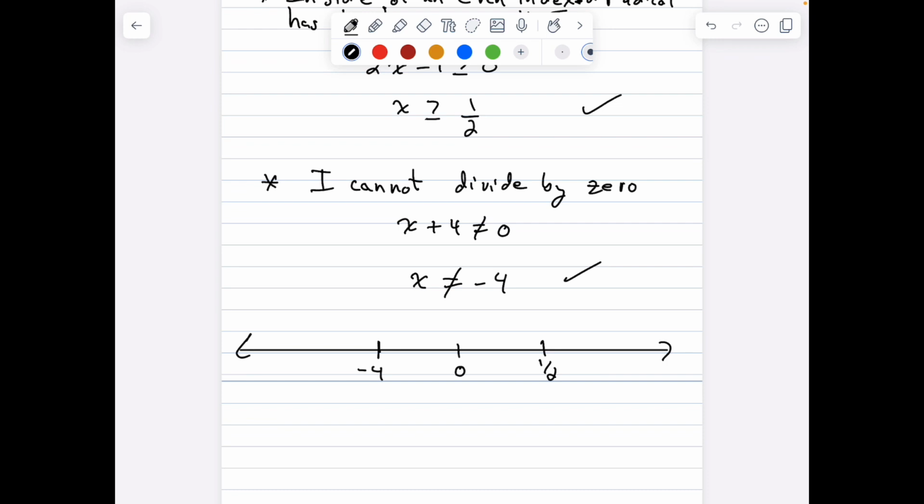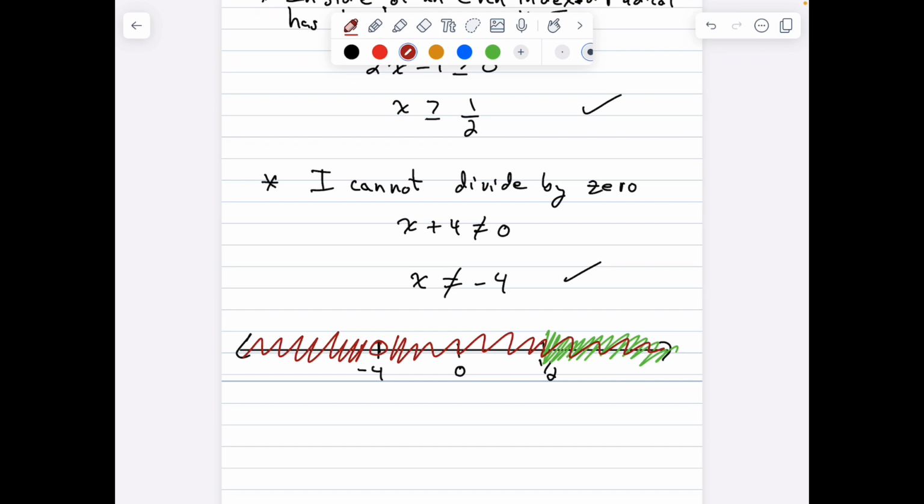I just need to know where they're located, and maybe include 0, so that 0 is the dividing line between positive and negative. I'm going to do this for x greater than or equal to 1/2. It's everything over here. And for the other restriction, x not equal to negative 4, basically every number is included except negative 4.